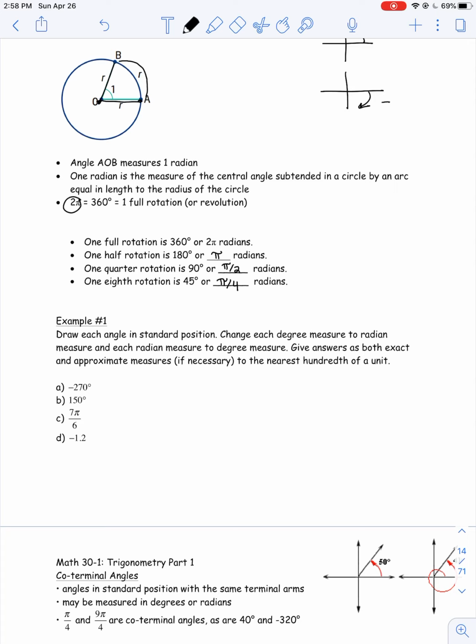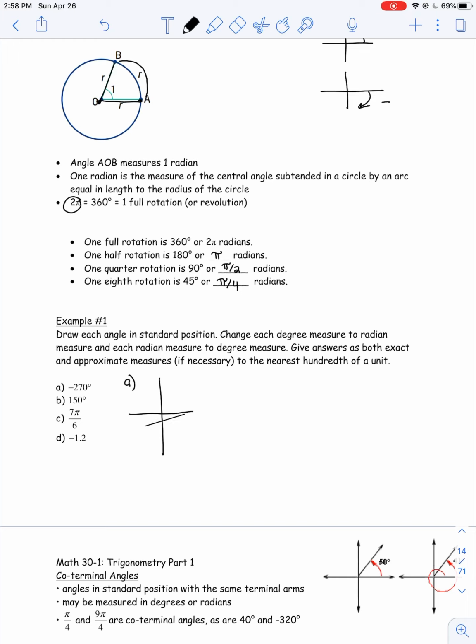So example number 1, they want us to draw each angle in standard position. They want us to change each degree into radians, and each radian measure to degree measure. Give your answer in both exact and approximate measures if necessary to the nearest hundredth of a unit. So we need to include exact and approximations. We'll start with A. A means that we are going clockwise.